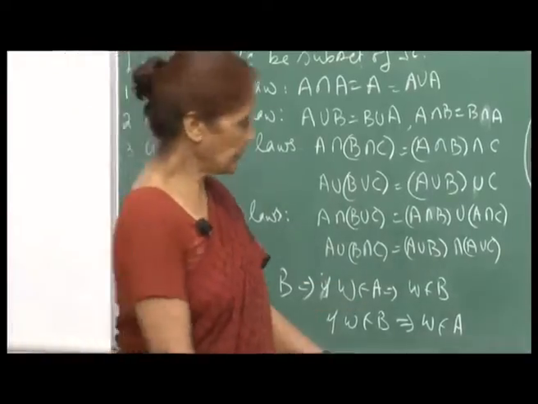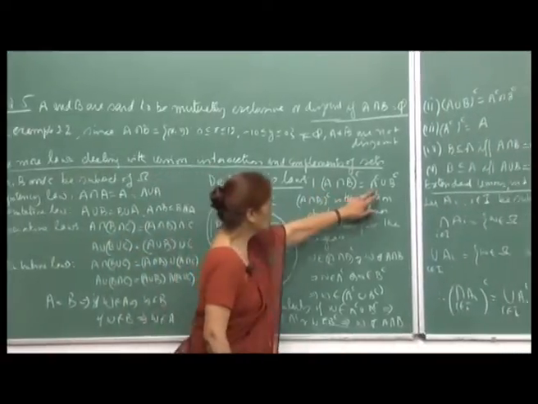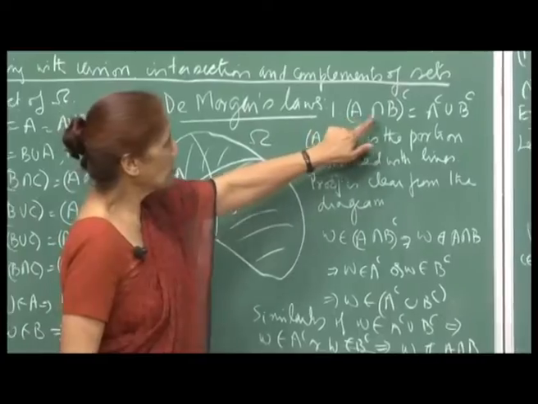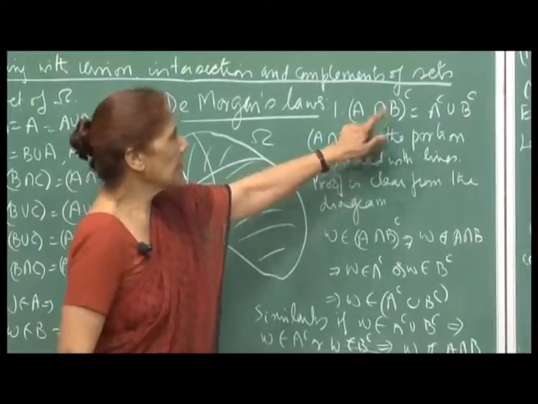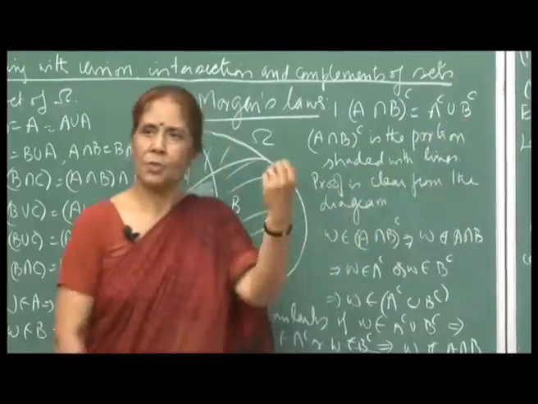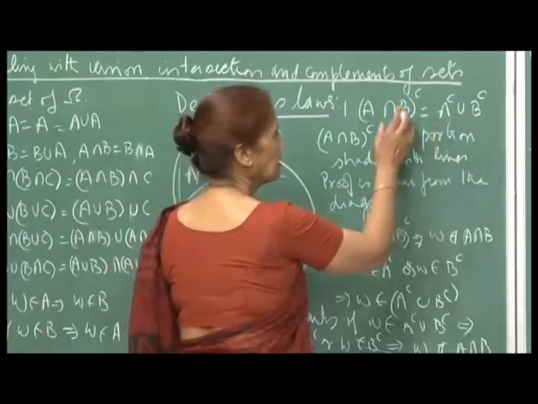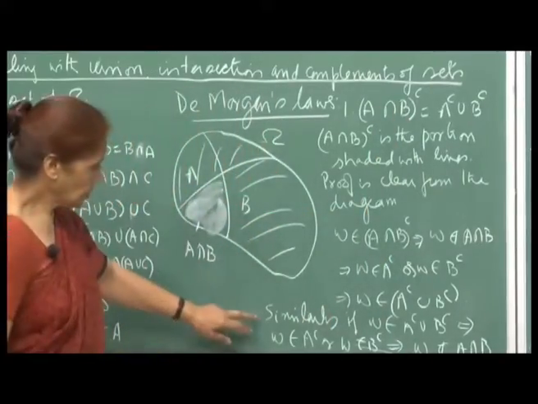So, here when I want to show that these two sets are the same, right now I have shown you that if omega belongs to A intersection B complement, then it must belong here, but I must show the other way also, that is if omega belongs here, then it should belong to this, which I am showing.